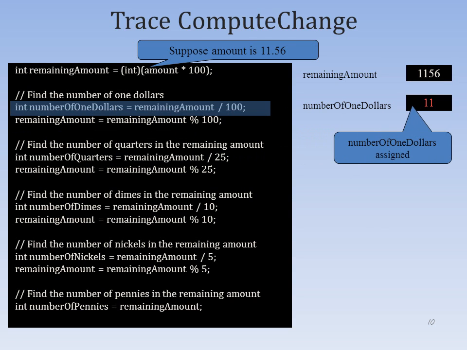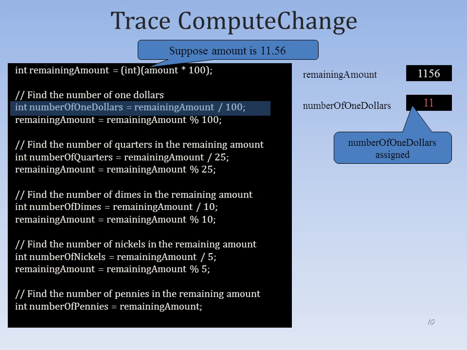The next step in our program takes the remaining amount and divides it by 100, following our algorithm, to determine the number of dollars. And we see that the result is an integer number of dollars, so that will truncate any decimals that are part of our division there.